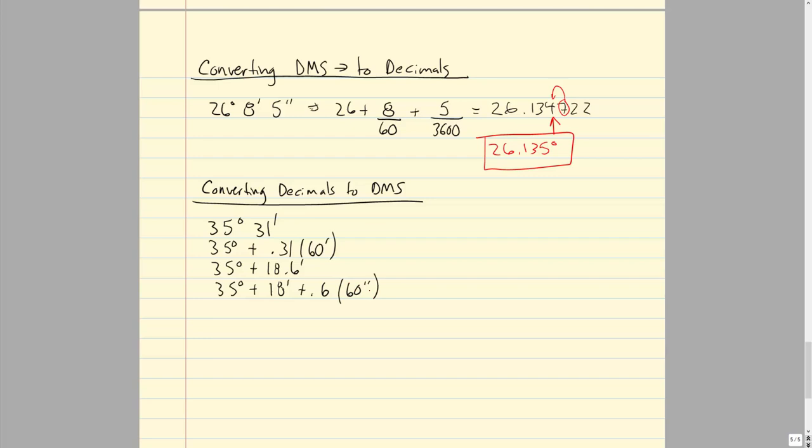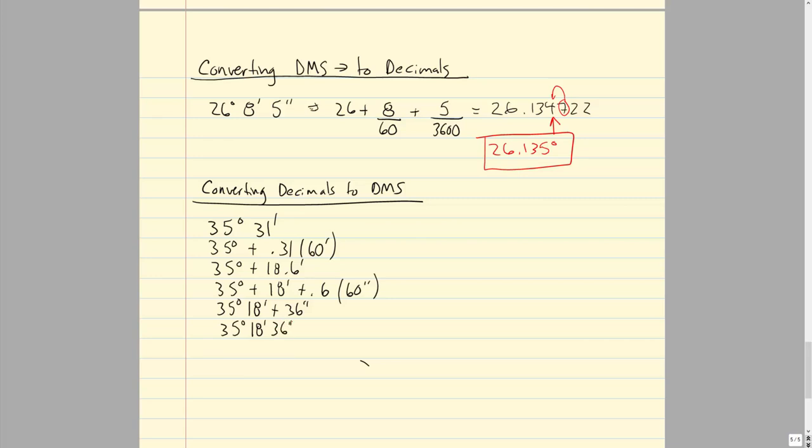So again, degrees, minutes. Okay, now we're doing seconds. So this will end up being 35 degrees, 18 minutes from our first part, plus 0.6 times 60 is going to be 36 seconds. So this would be 35 degrees, 18 minutes, 36 seconds. Okay, that's how that would convert.